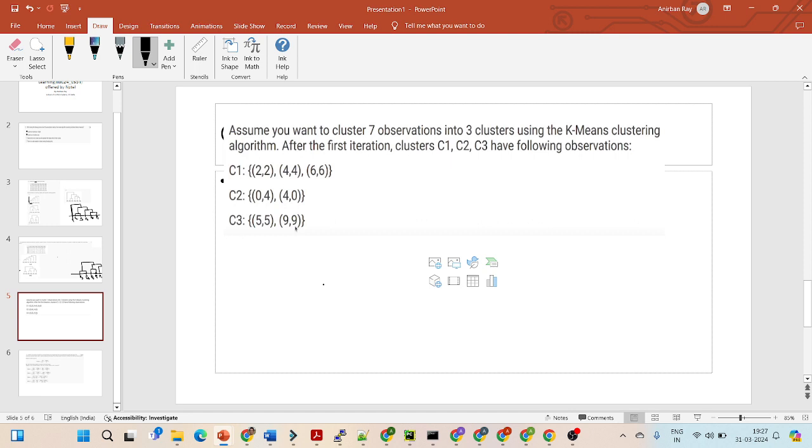Sir, the previous two questions are for single link clustering. So what about complete link clustering? In complete link, what happens is that we measure the distance between two clusters.